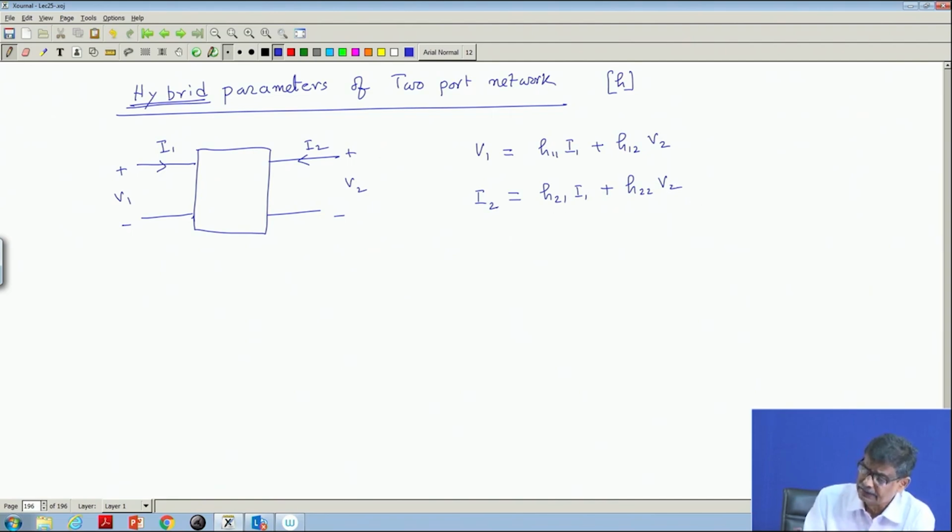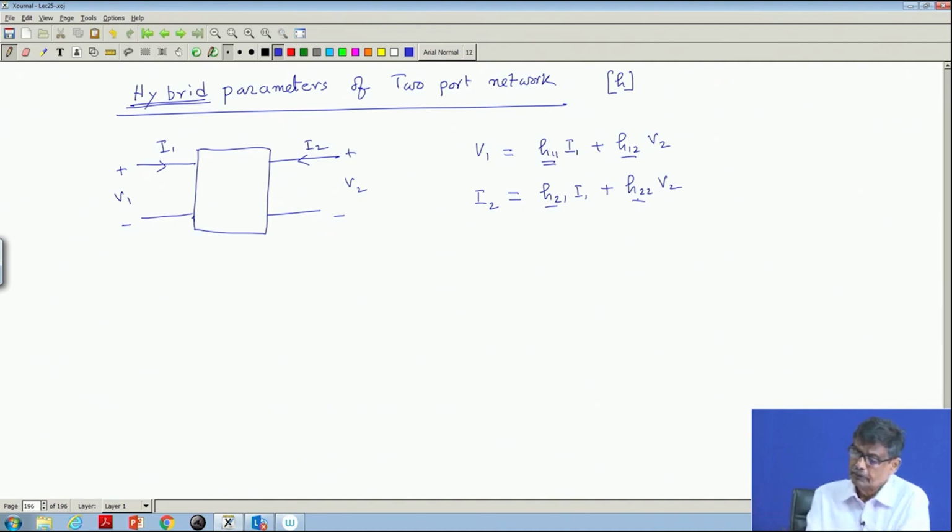So, this is another way to express the same two-port network, either in Z or in Y, or in the so-called hybrid parameters. Whether those parameter values will exist or not, we have seen how to ascertain that. But right now, what are the implications of these parameters? Let us try to examine.